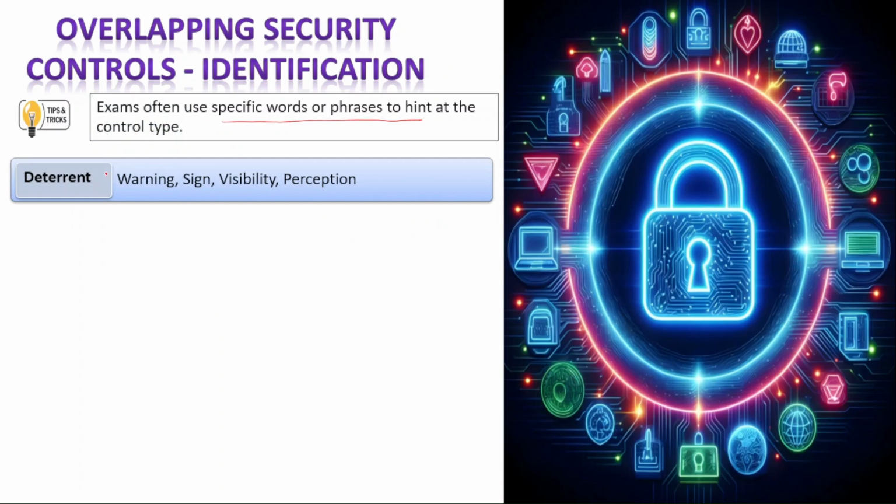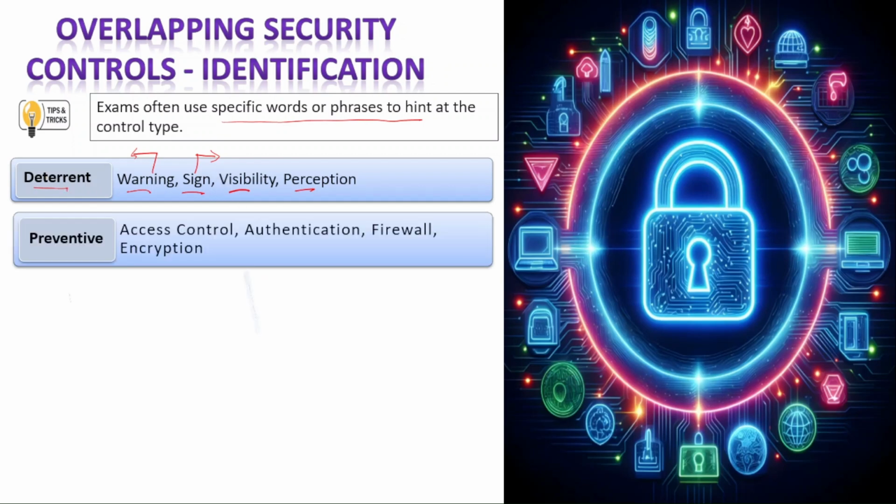For example, when a control is deterrent, there will be phrases like a warning, a sign such as "Beware, dog inside the facility." This type of sign, or a warning. Let's suppose a high voltage warning at the perimeter fence. Visibility, perception.